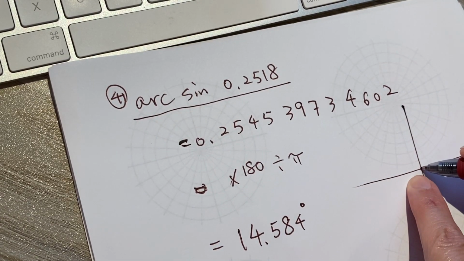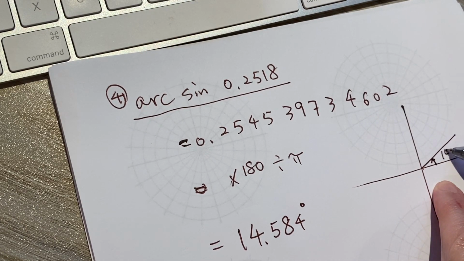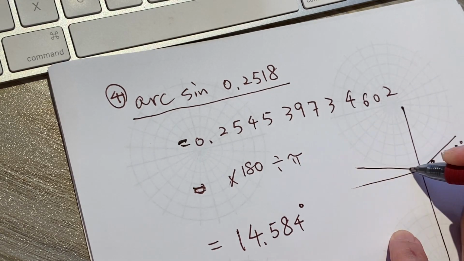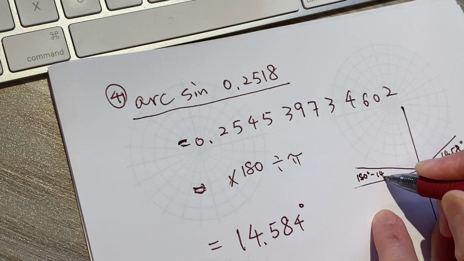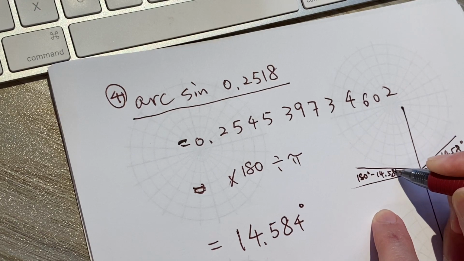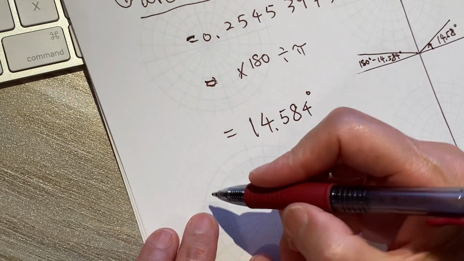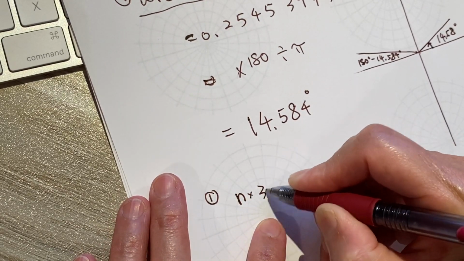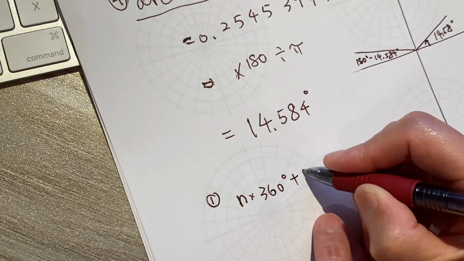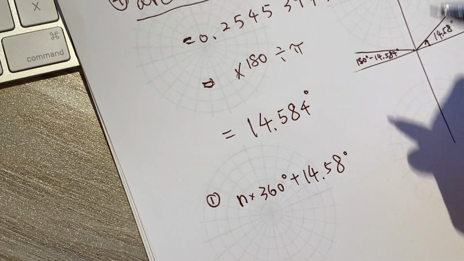Now we can take a look. Sine is the y value, so it is this angle by itself, 14.58 degree, or this angle, which is 180 minus 14.584 degree, and you can always rotate it. So the first answer is n times 360 degree plus 14.58 degree, for any number of rotations.